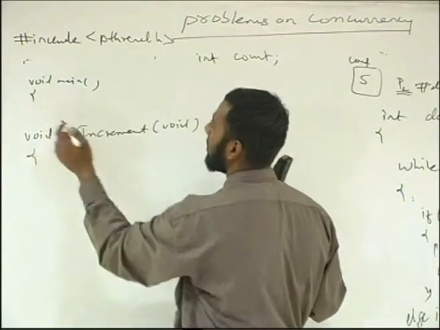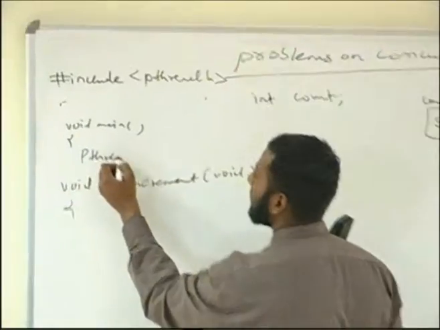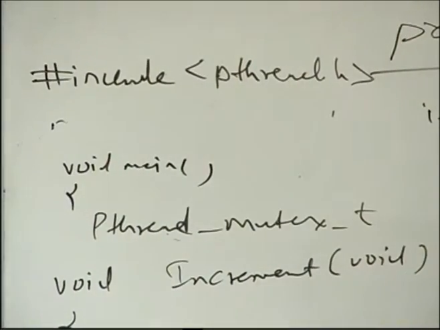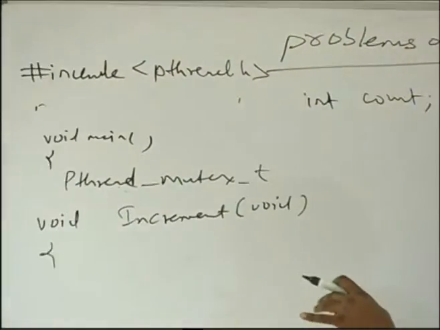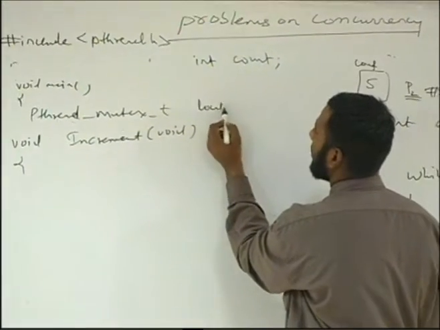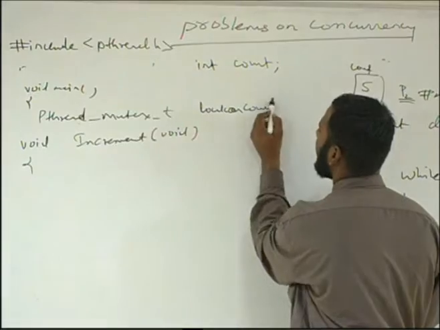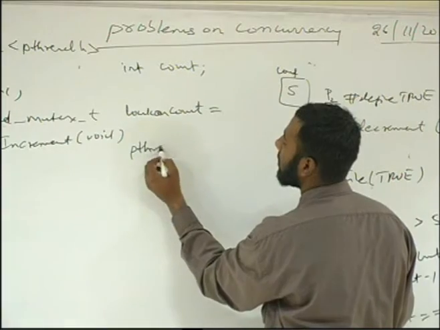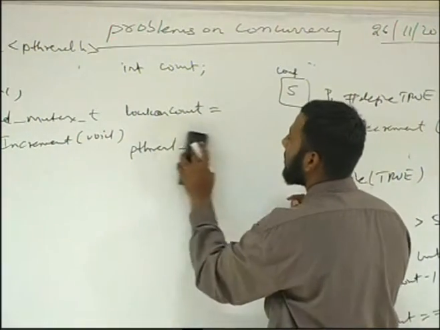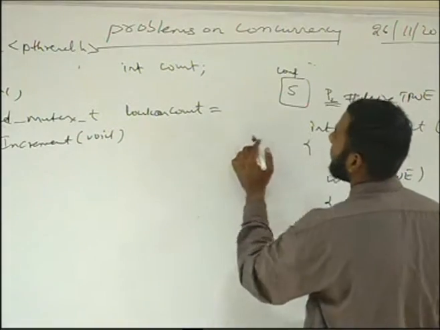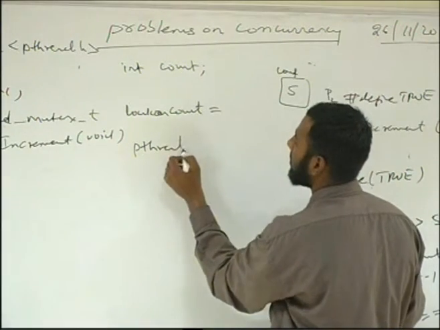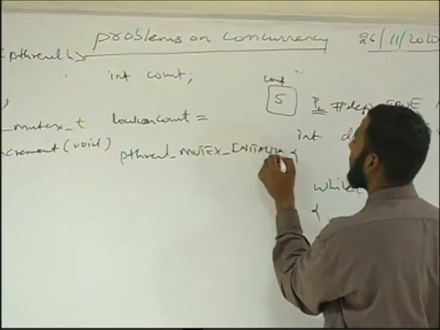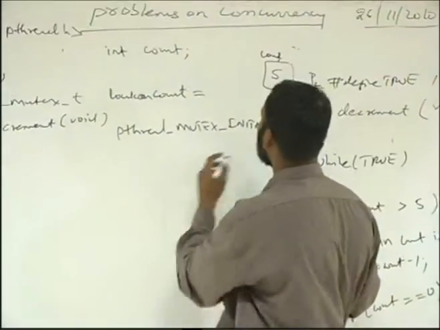Inside main we declare one mutex and call it lock on count, lock_on_count, which is equivalent to PTHREAD_MUTEX_INITIALIZER. All are in uppercase.